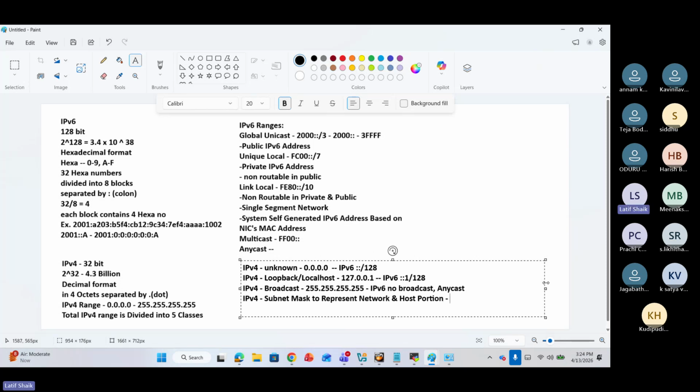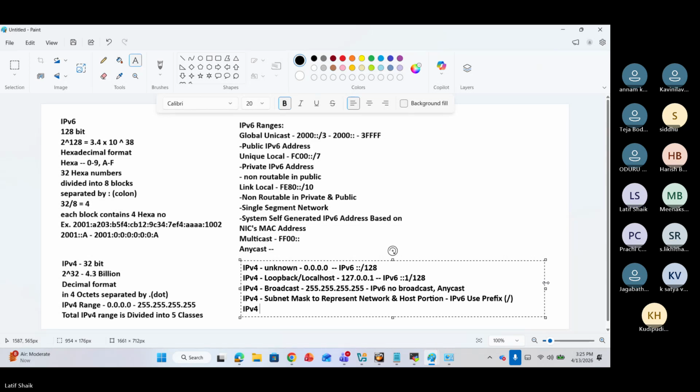In IPv6, we use a prefix for that, a slash notation.